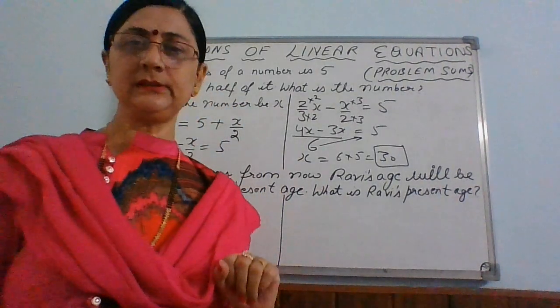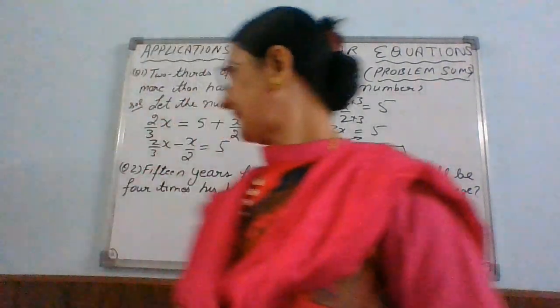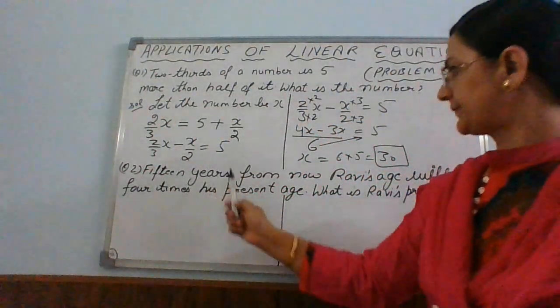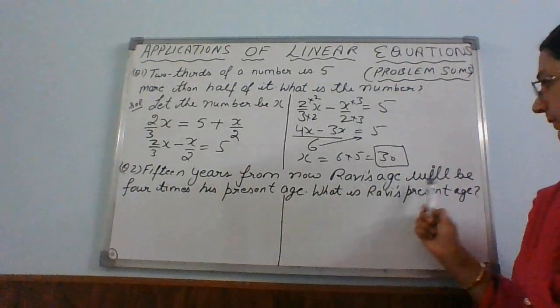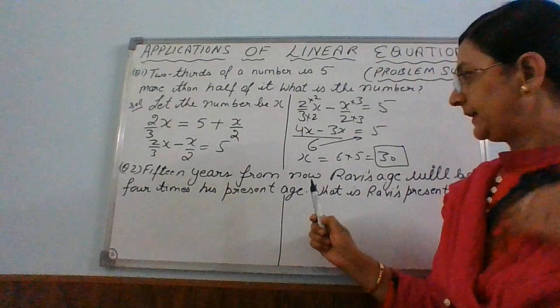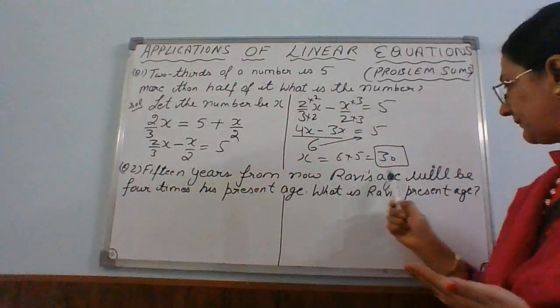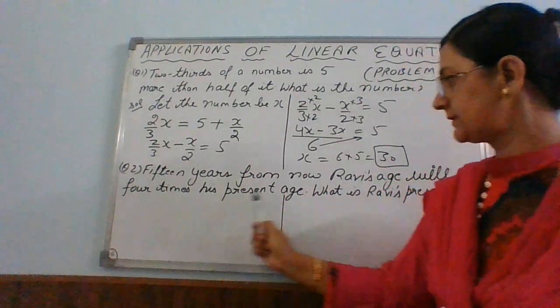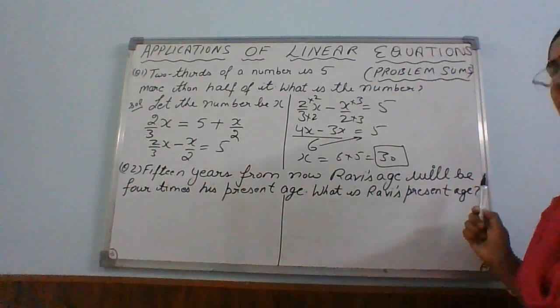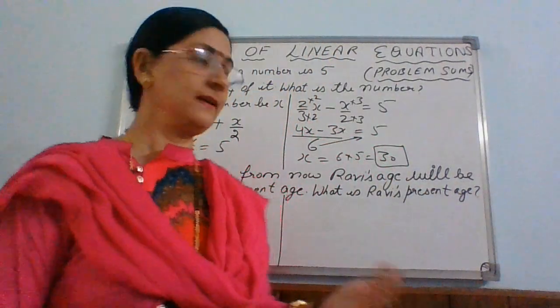So now let us understand the statement of the second question, right? Now see here. 15 years from now, Ravi's age will be 4 times his present age. First of all, now means future. In future, 15 years in future, Ravi's age will be 4 times his present age. What is Ravi's present age? Present age is asked. So let us take present age x, right?